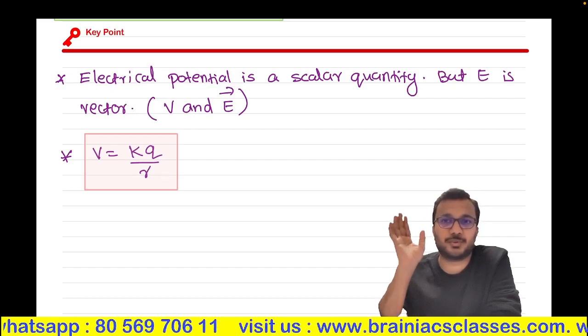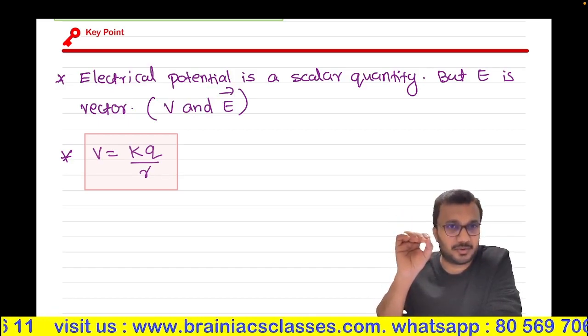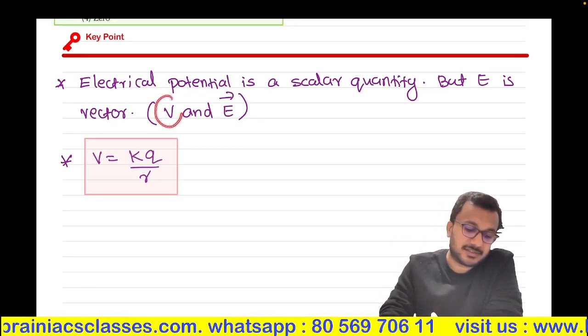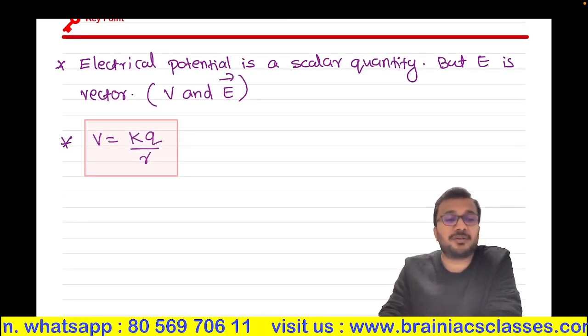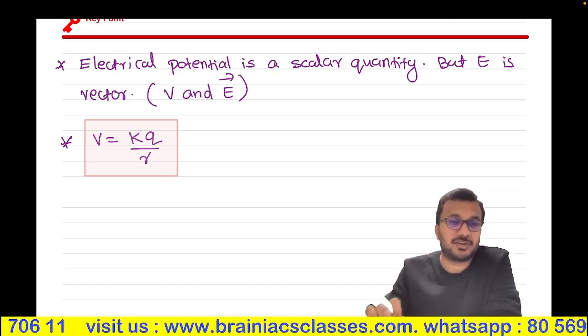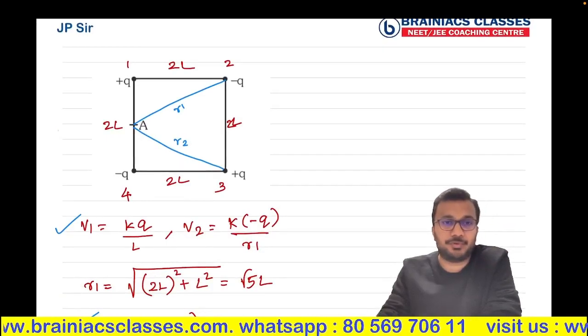There is no cos, there is no sin. Electric potential is a scalar quantity, but electric field is a vector quantity. We always write V like this, and we always write electric field with a vector sign. The formula for potential is KQ divided by R, that is the magnitude formula. We will analyze this one. Now we have the formula.